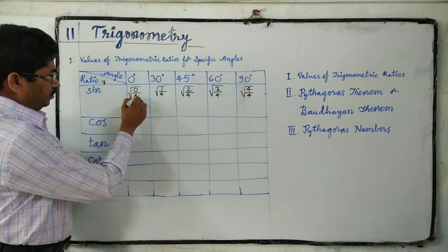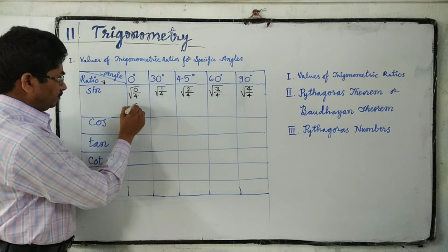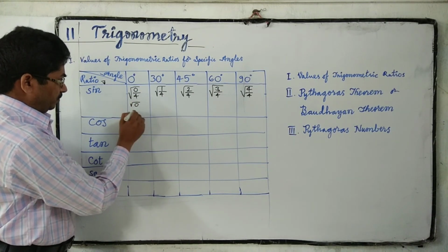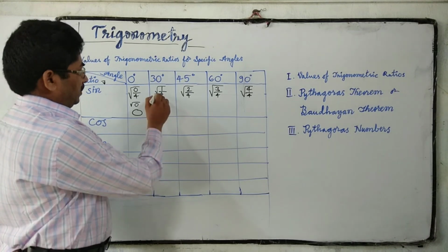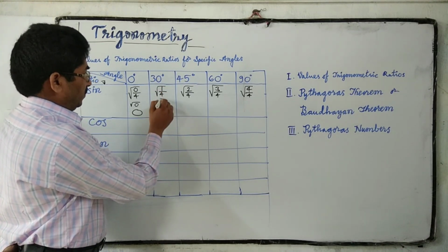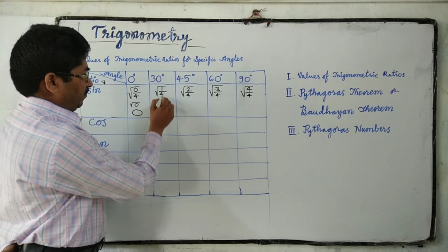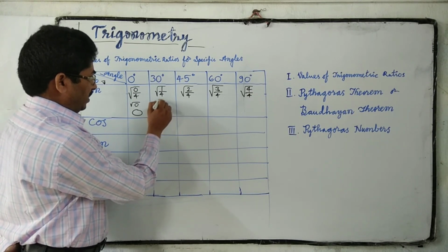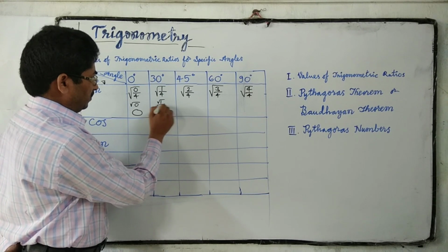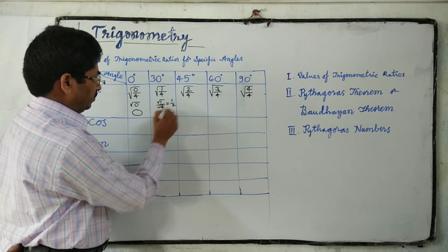0 by 4, 0. Square root of 0, 0. Square root of 1 by 4, 1 by 2. Square root of 1 by square root of 4, that is equal to 1 by 2.